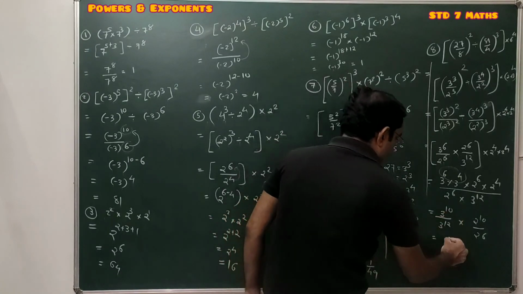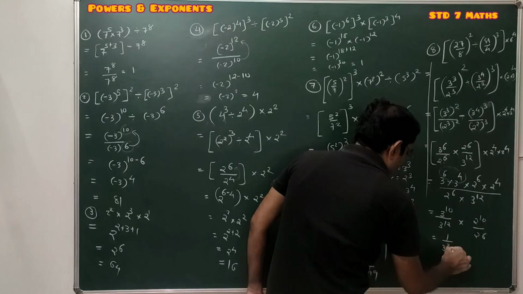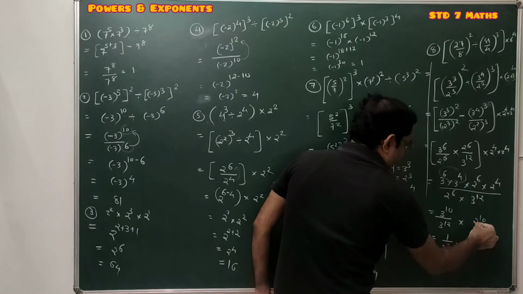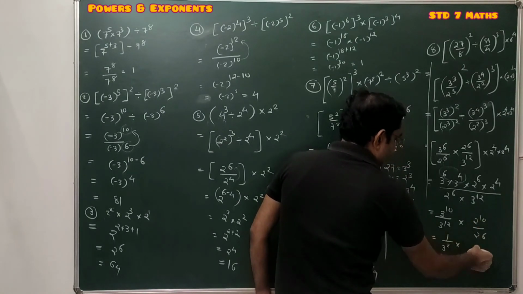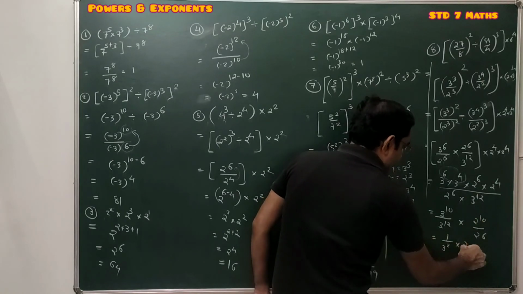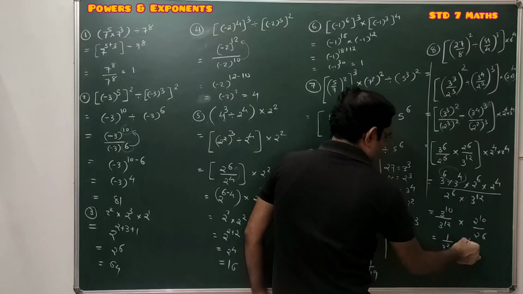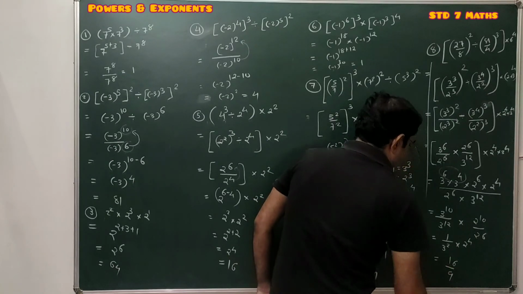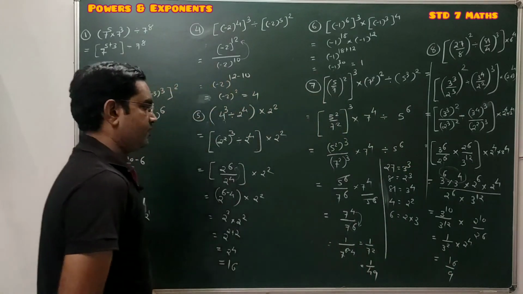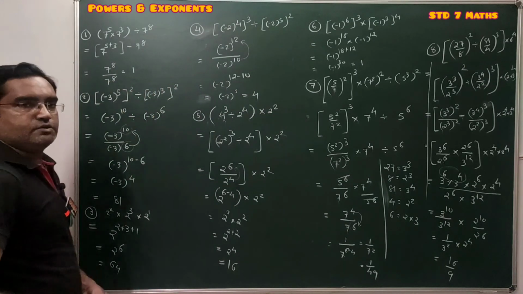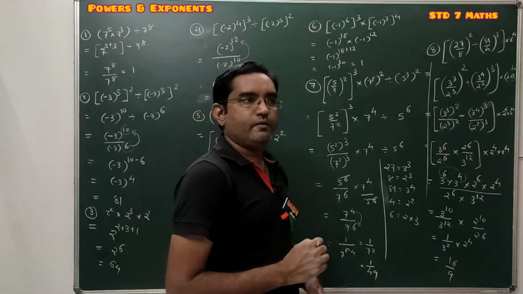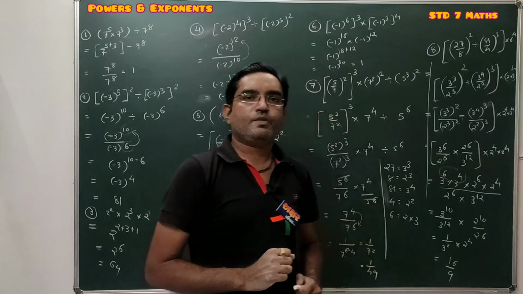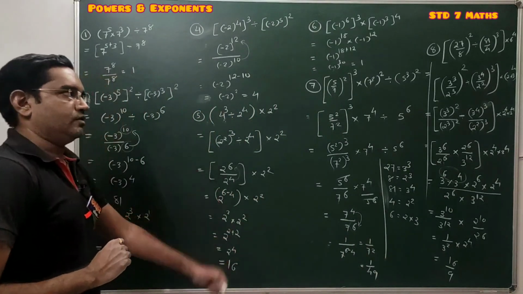So it will be 1 upon 3 square, into 2 raised to 10 minus 6, which is 2 raised to 4. 2 raised to 4 is 16, so 16 by 9 is the answer. Clear, students? This is how you can find the value of any expression by using laws of exponents.